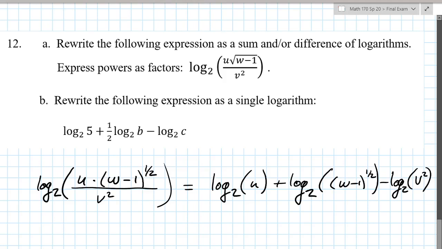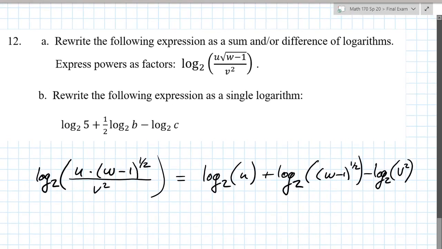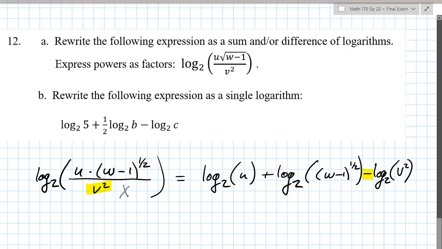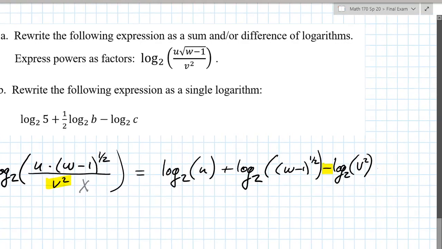Notice anything that was in the denominator would have a minus here because this came from the denominator. If this problem were modified, let's just say, for example, if it had a times x down here, then this would be expanded to minus log base 2 of x.